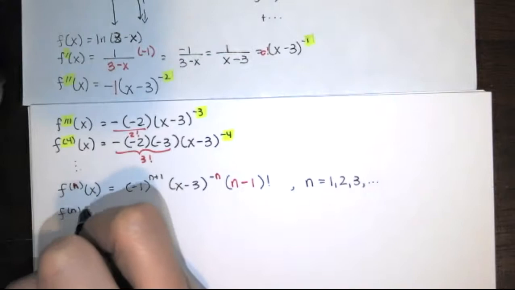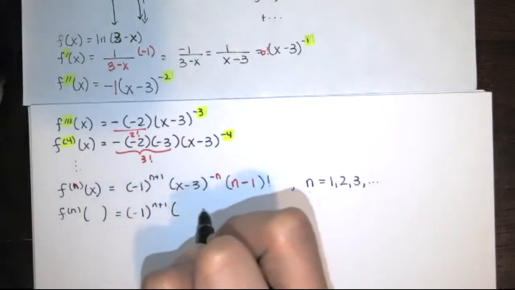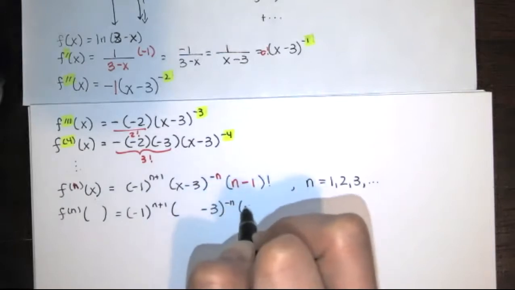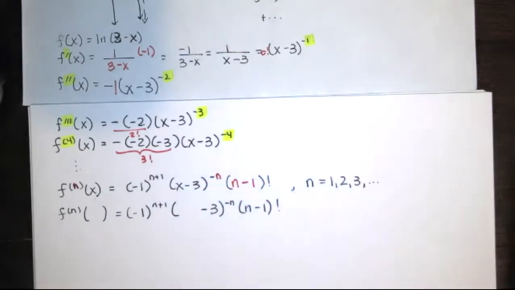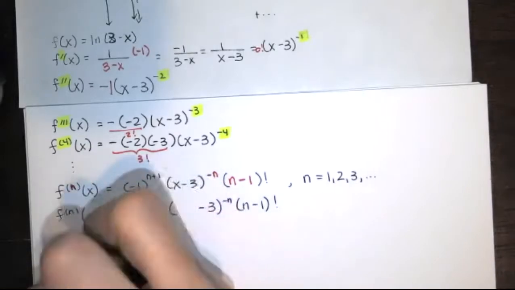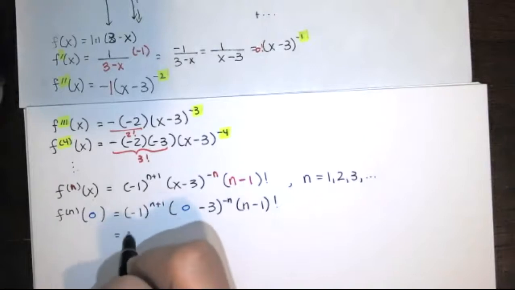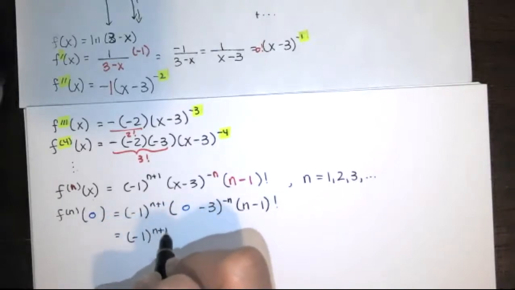Okay, so now we will take this and we'll evaluate at x equals 0, and then simplify. So we've got -1 to the n plus 1.